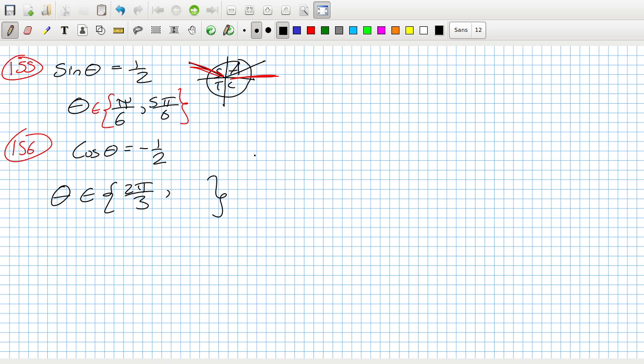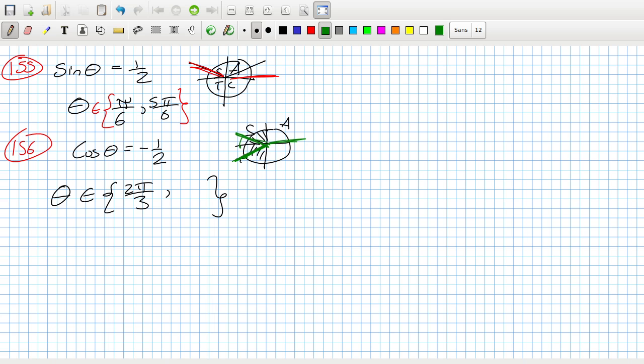There's a second answer, which again I can get from the circle. When is cos negative? Here in this quadrant, and in this quadrant here. 2 pi over 3 is like here. So the second answer is on the flip side.